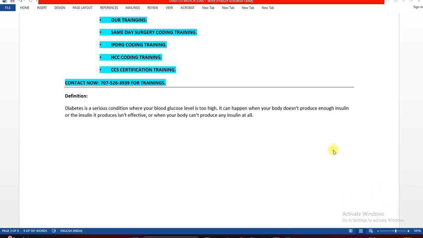Mostly the higher levels of blood glucose are because the body does not produce enough insulin or the produced insulin does not act appropriately. And sometimes our body can't produce insulin as required. So this is the definition of diabetes.